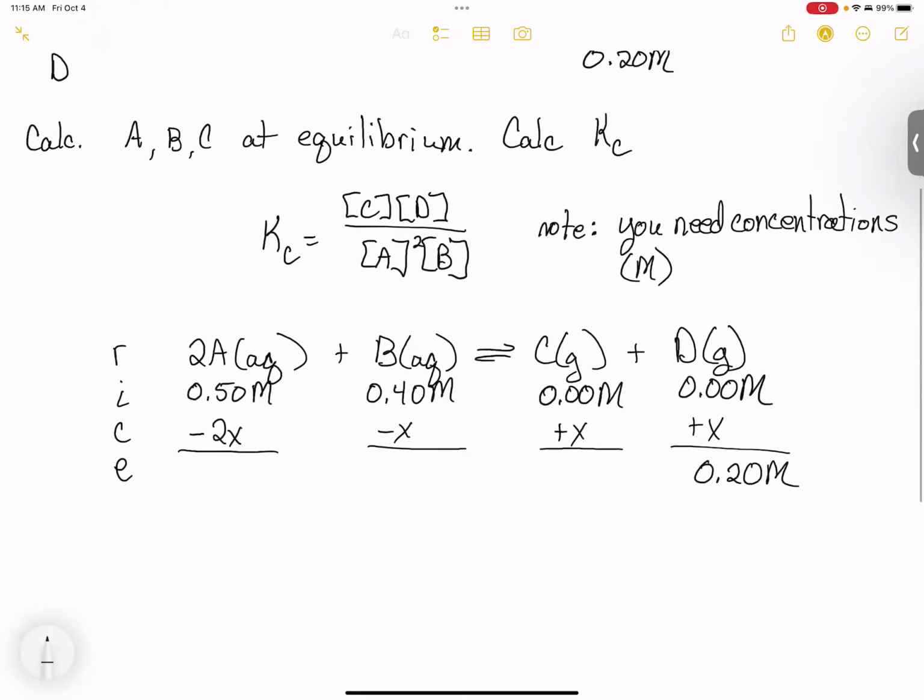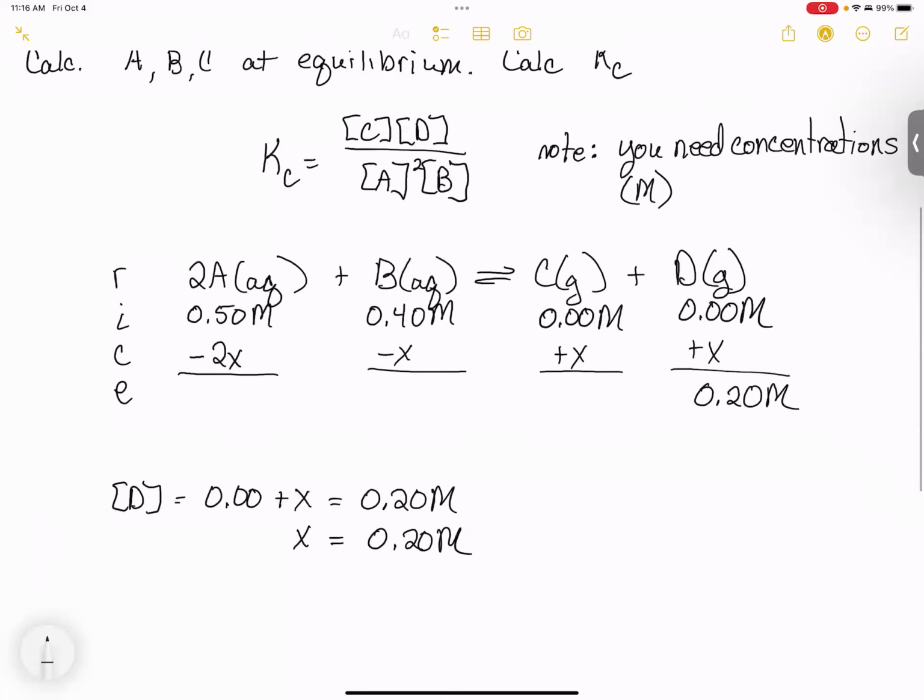So for D, we know that 0.00 plus X has to equal 0.20 molar. Solving for X, that means our X is 0.20 molar. For the concentration of C, it was 0.00 plus X, or 0.00 plus 0.2 molar. So it's 0.20 molar for C as well.